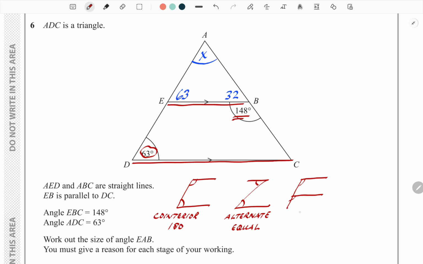And the last one, the inside corners of the F, that is corresponding angles, are also equal. Those are the 3 rules that you need to know for parallel lines.